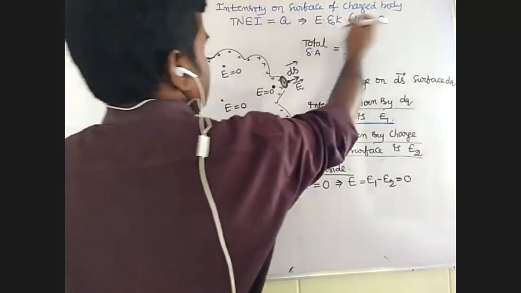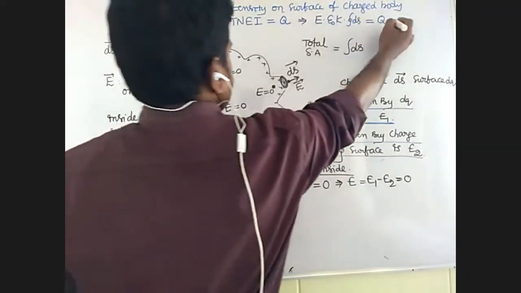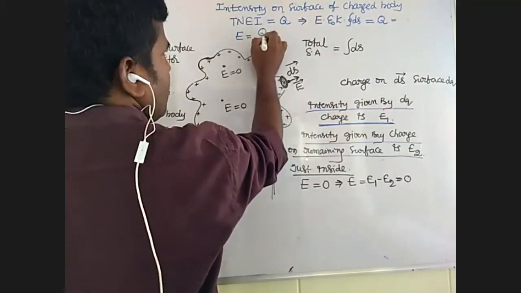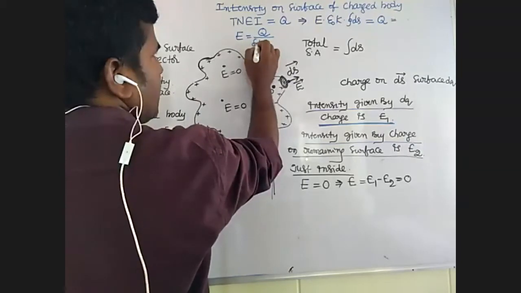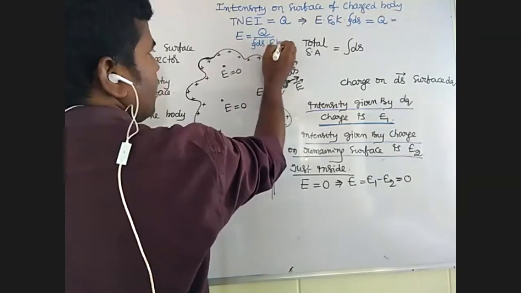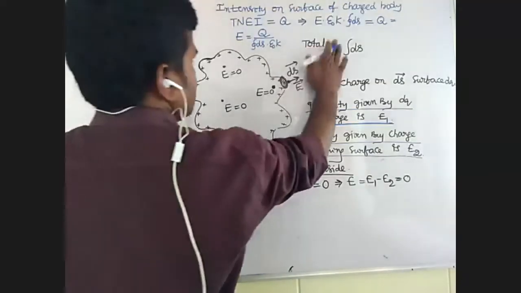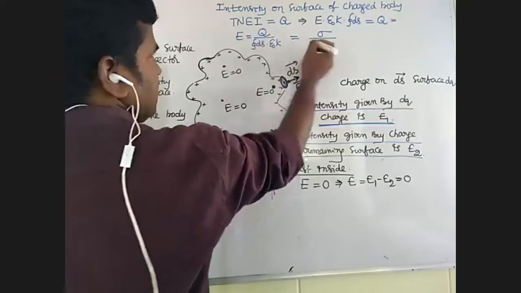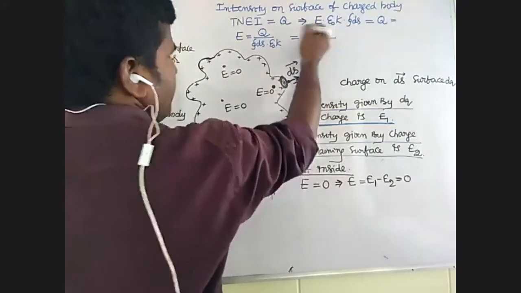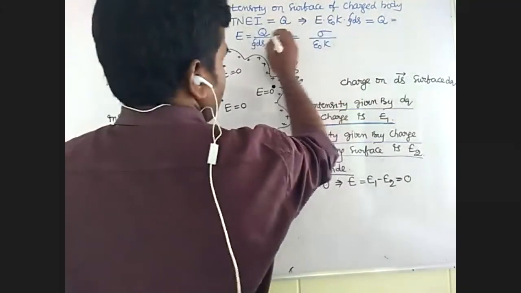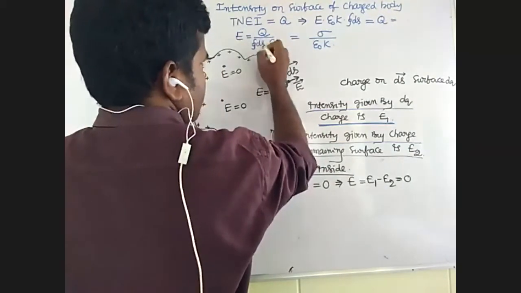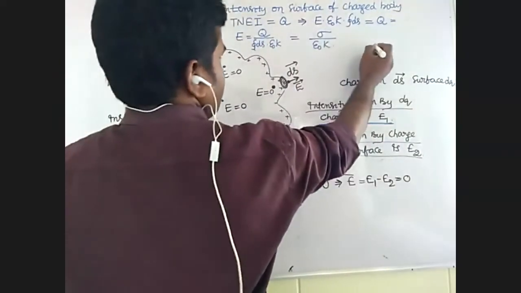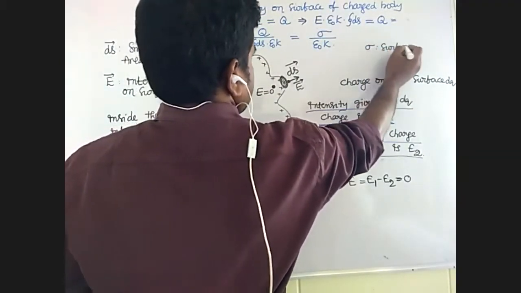So the intensity E equals Q upon the integration of ds into epsilon naught K. The integration of ds means the total area, so Q upon area is sigma, the surface charge density.